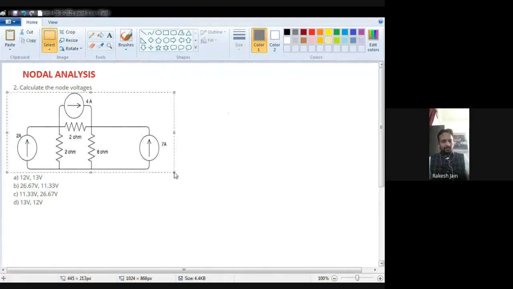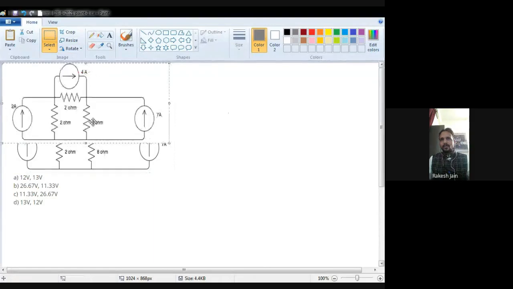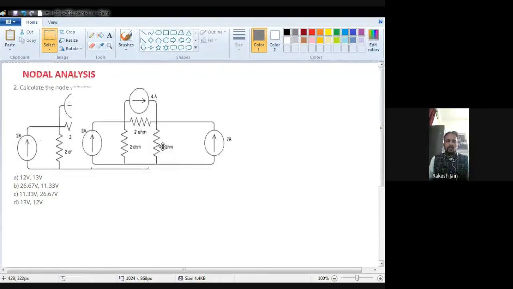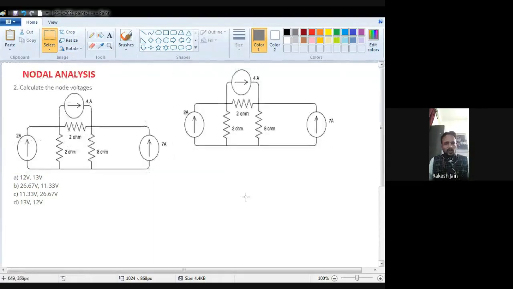So first of all we should know about the node. I just copy and paste this diagram at the right hand side, and we see now what nodes are. Nodes are those points where the branches can meet. So first of all, with this red color I denote the first node.